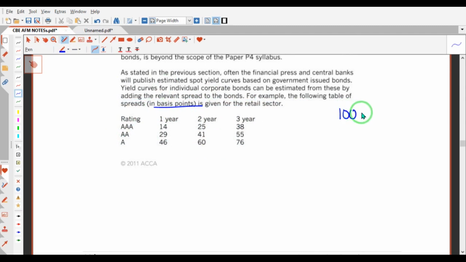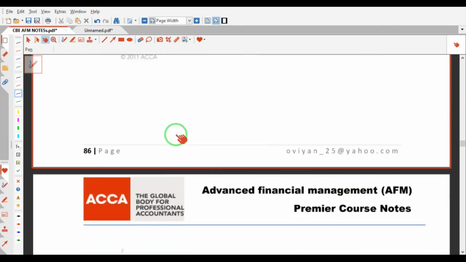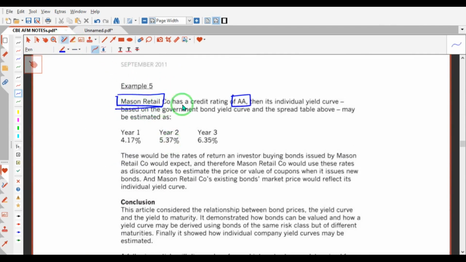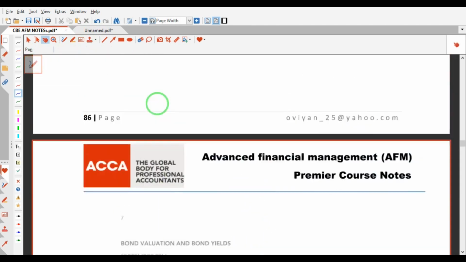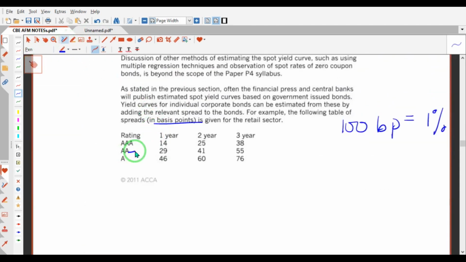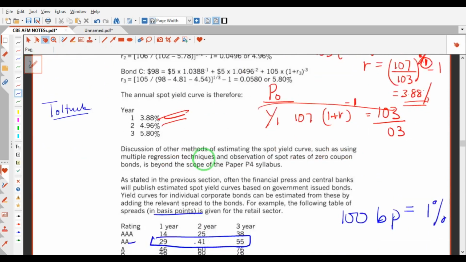Just to recall, 100 basis points is equivalent to 1%. So if your company name is Mason, and you are rated AA, you will have to add this into your government one.